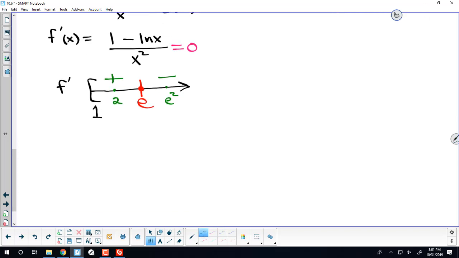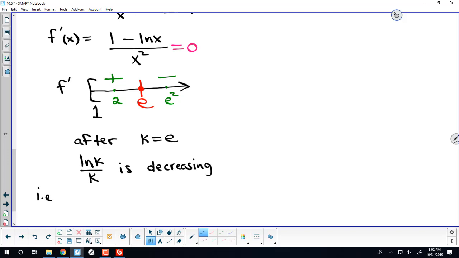So we'll say that, translating this in terms of k, after k equals e, and we don't use irrational values anyway, but after k equals e, ln k over k is decreasing. That is, a sub k plus 1 is less than a sub k.